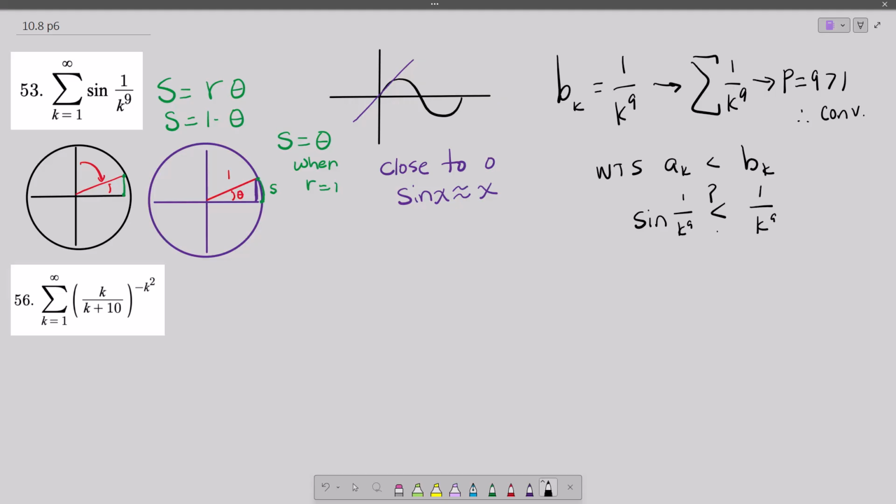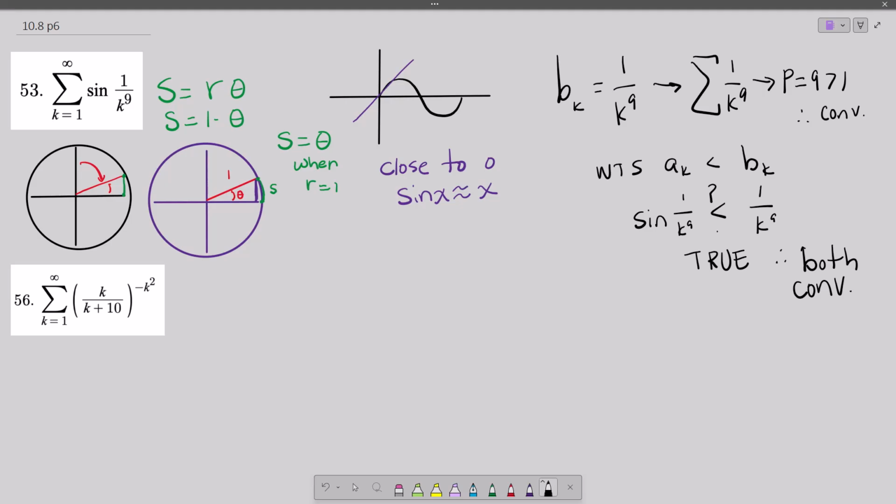Is S bigger than sine? Yes. Sine is this vertical purple distance. Green is S, which is the same thing as the angle. And sine of theta is always less than theta. You can see it from this picture. In Calc 1, you would prove it by taking a derivative and doing some things with derivatives. This is true. Therefore, both are going to converge because that is true.